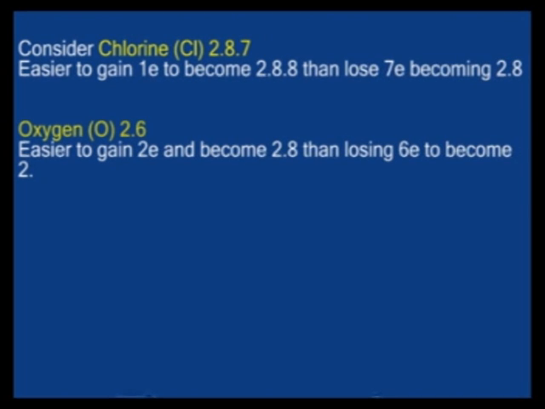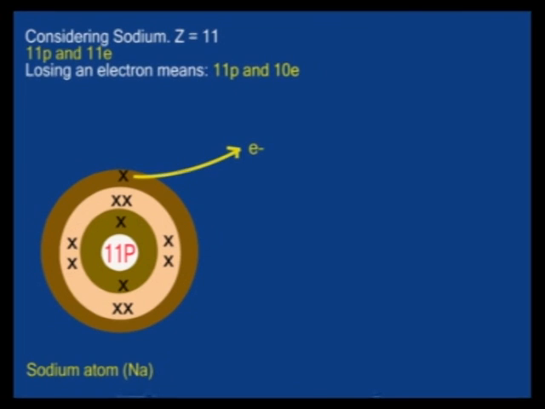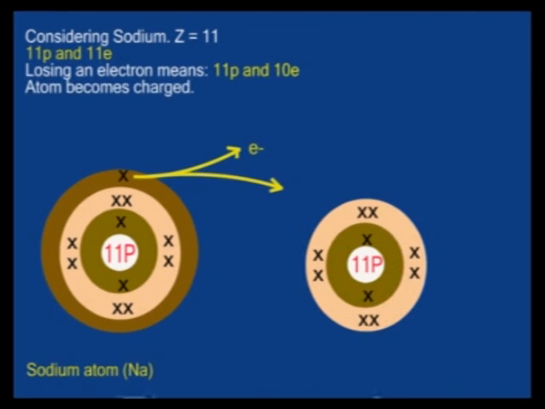Now, let us go back to sodium. The atom of sodium has atomic number 11, which means it has 11 protons and 11 electrons. Now, if sodium atom loses the 1 electron in the outermost energy level, it means that it now has 10 electrons but 11 protons.